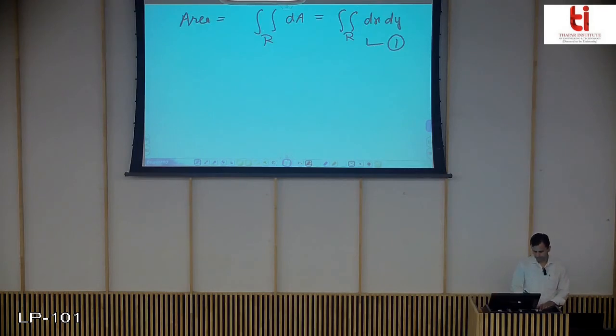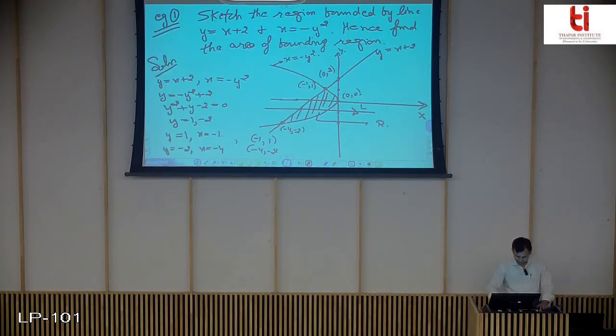So limits of x. L enters R at, yes, you can see here, it enters at this boundary, and for that you have x equals y minus 2.